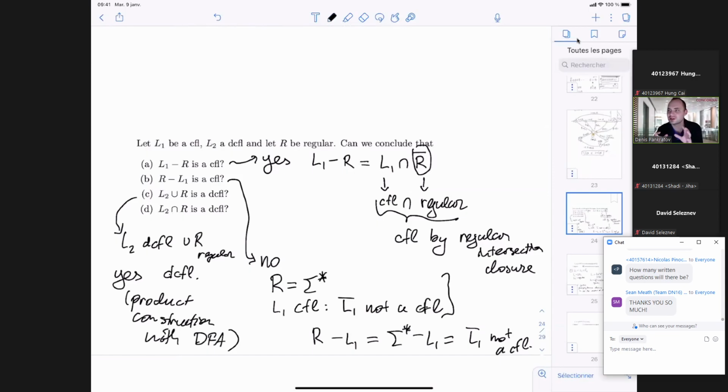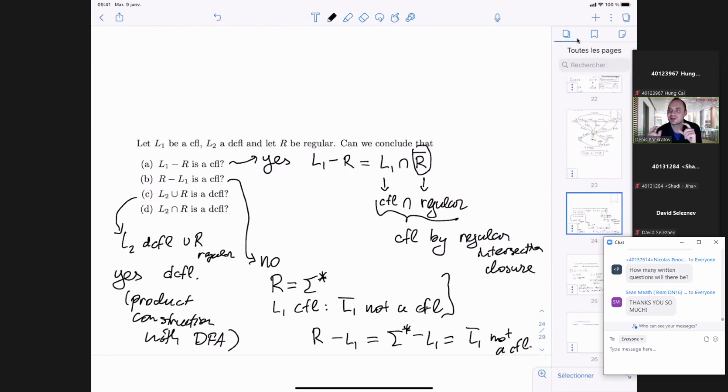So in a product construction, you create superstates which simulate the operation of your PDA and your finite automaton in parallel. So if you have a transition from state Q1 to Q2 on A in your DPDA, and you have a transition from say P1 to P2 in your DFA on A, then you can combine them into one superstate and one transition.